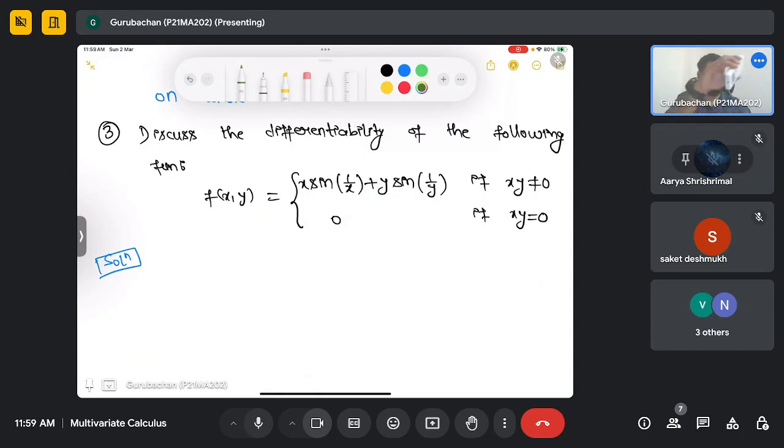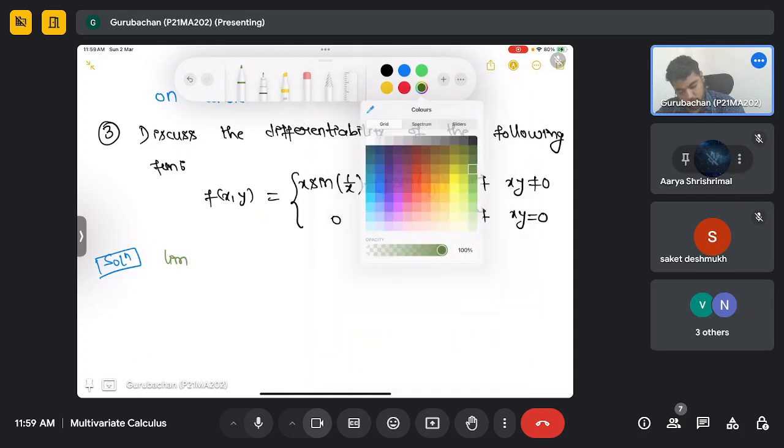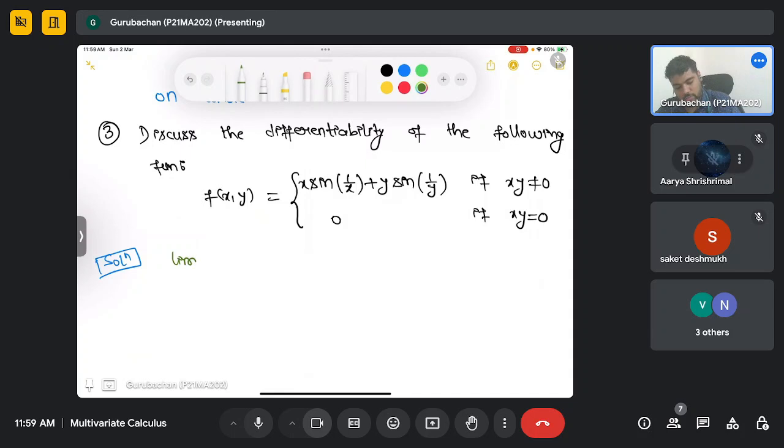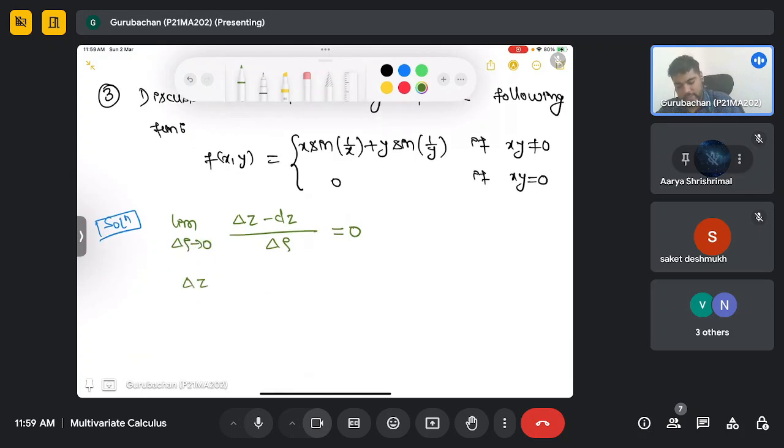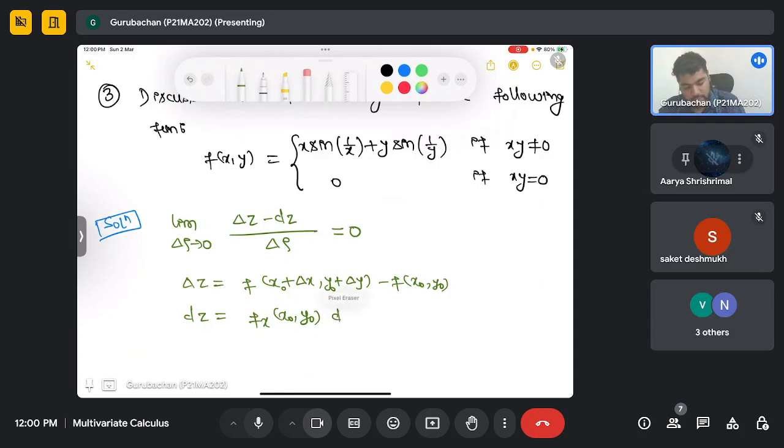We need to show that the limit as delta rho tends to 0 of delta z minus dz divided by delta rho must be 0, where delta z is nothing but f of x plus delta x, y plus delta y minus f at this particular point, or you can say the change in the function, and our dz is nothing but the partial derivative of f with respect to x at x naught, y naught into this delta x or dx, you can say, plus f_y at x naught, y naught times dy.